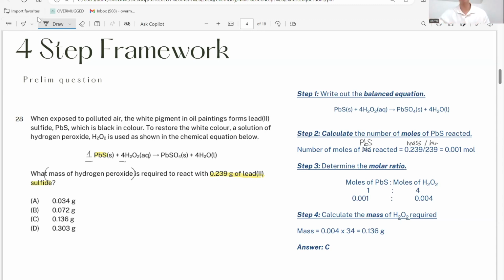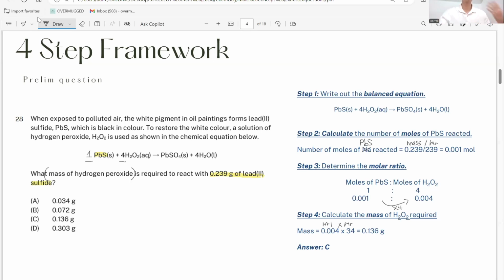So if I use 0.001 mole of PbS, I need 4 times as much H2O2. So what is the mass of hydrogen peroxide that we require to react? If you are using 0.004, I will just take mole times MR to find the mass of hydrogen peroxide required.